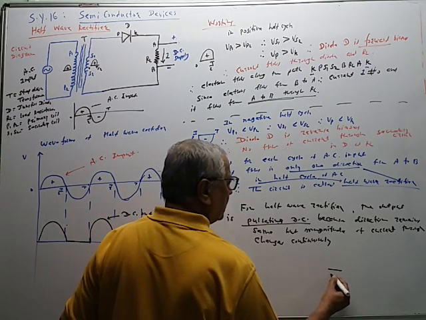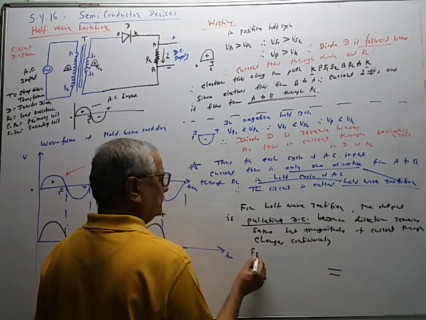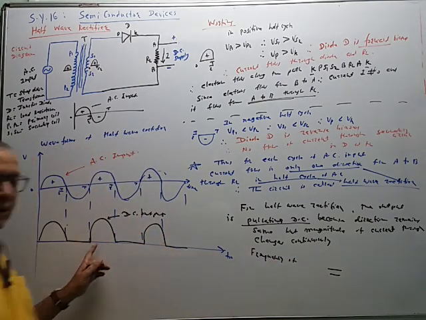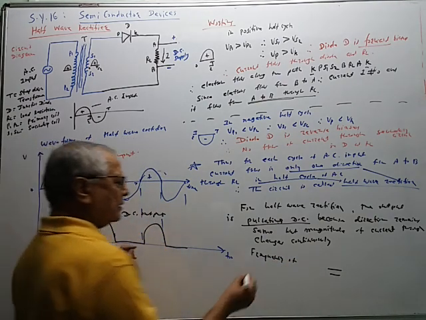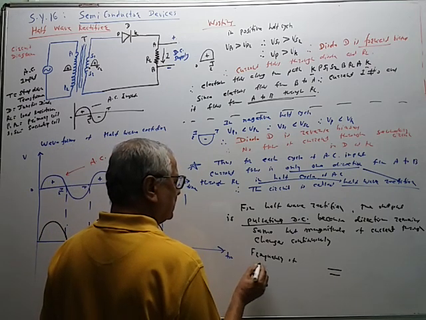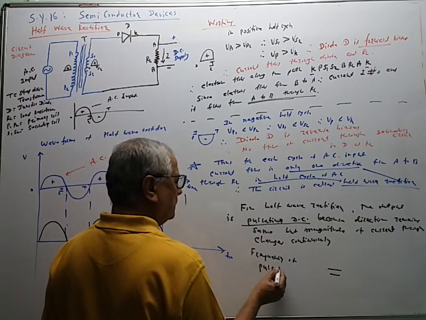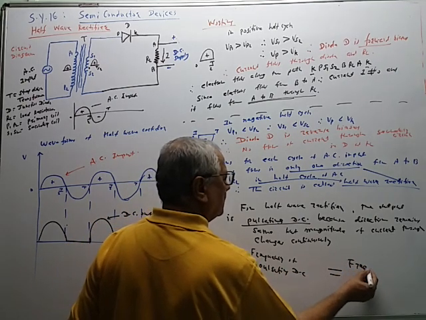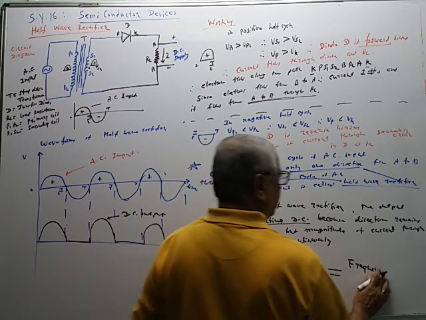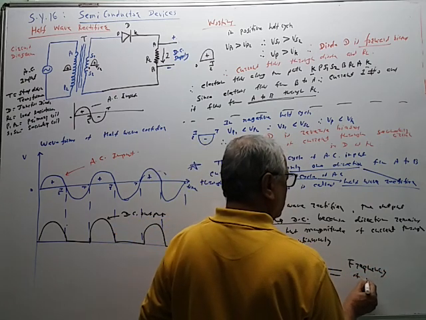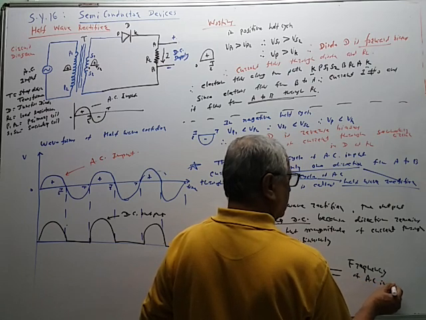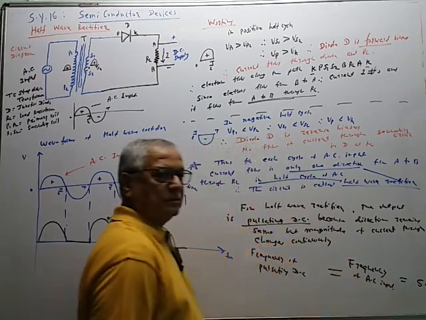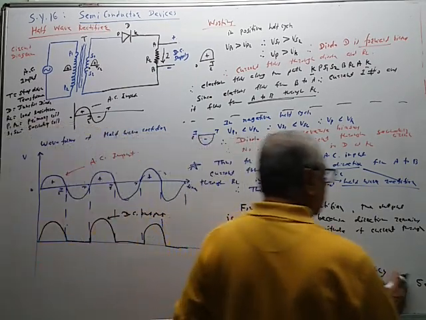And now, what is the property of the half wave rectifier? There is a variation in the value of the current, therefore it is called a pulsating current. So frequency of pulsating DC is equal to frequency of AC input, and normally in India it is 50 hertz. ही value लेने तरी चालेल.